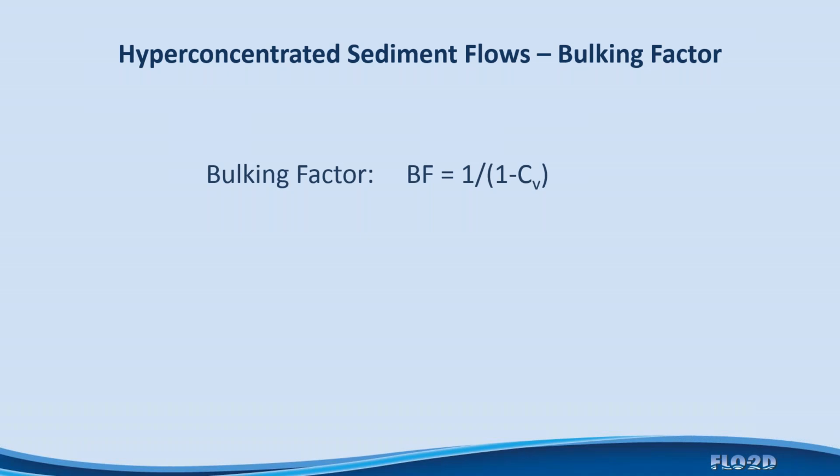So if your concentration by volume is on the order of 40 to 50%, say 50%, then 1 over 1 minus 0.5 is 2. And so you're essentially doubling the peak flow and doubling the volume in your event.